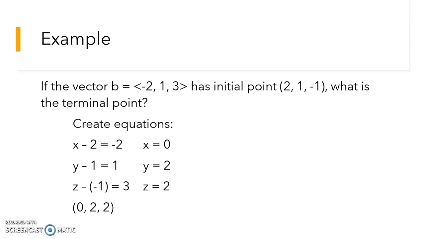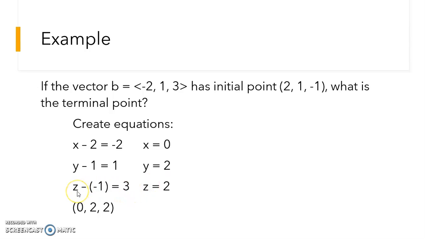So I created the equations. Terminal point x minus initial point x equals the horizontal component of our vector, and I just added 2 on both sides to get x equals 0. I did the terminal point y minus the initial point y equals the component form, and y was 2 when I added 1 on both sides.